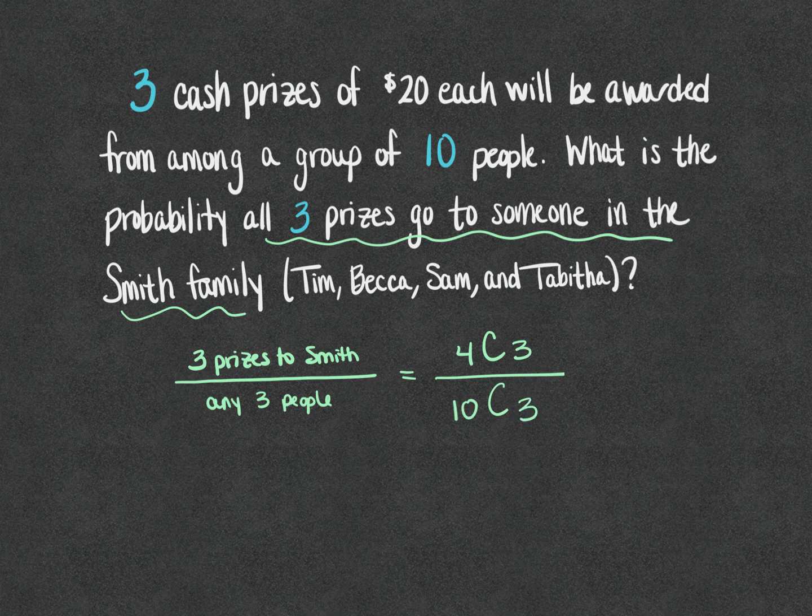So now we have our specific event, the number of ways our specific event can happen. 4 choose 3 means there are 4 ways we can select 3 people from the Smith family to win a prize. And then our denominator, 10 choose 3, is 120. Again, if you would like to reduce that to 1 over 30, you are free to do so, although it is not required.